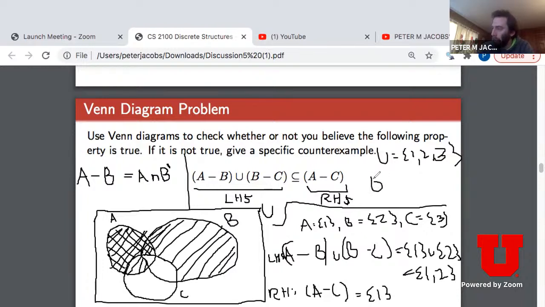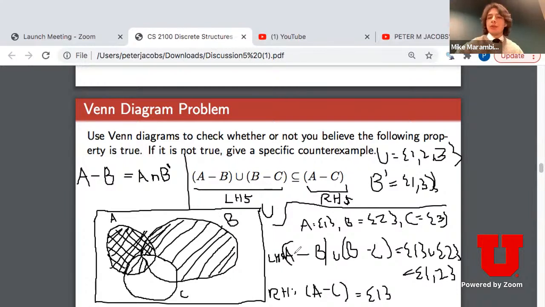So B prime is just {1, 3}. Now we're taking the intersection of B prime with A, and the only thing in common between B prime and A is 1. And so that's why A minus B is just the set containing 1. That makes a lot more sense. Thank you.